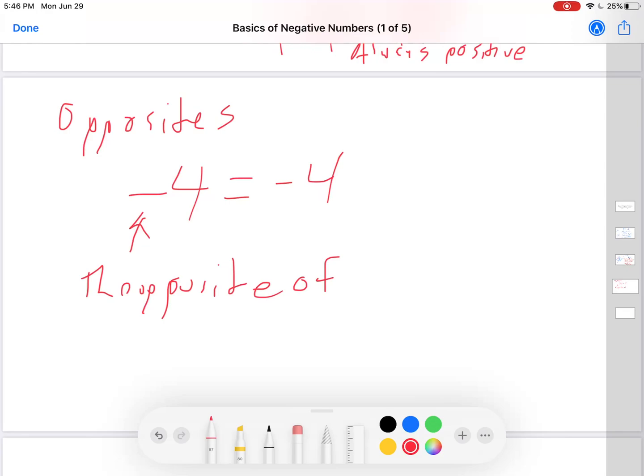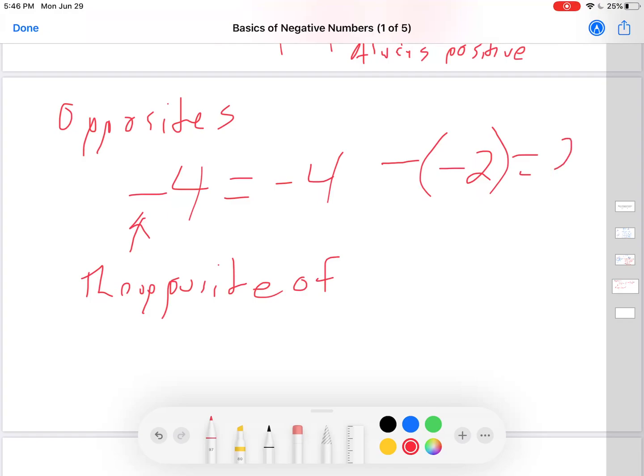Let's try another example. Let's try negative 2. I need to put parentheses around it because I want that negative symbol to go inside it. What's the value of that? That's still negative 2. Parentheses don't do anything to the value. But what is the opposite of it?